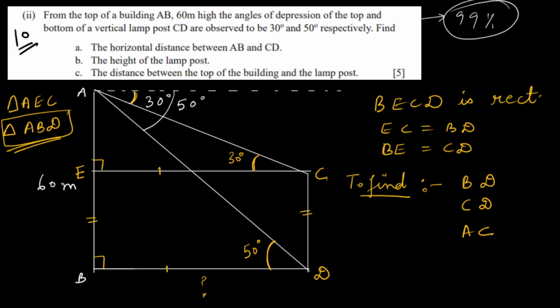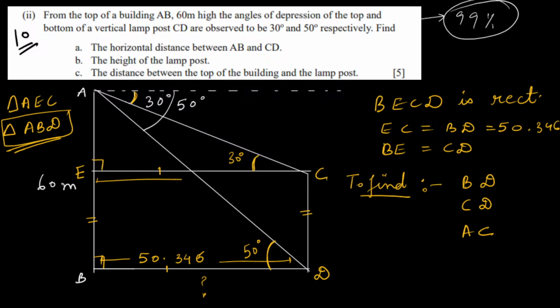So BD's value we got is 50.346. As of now, we can write it up to 3 decimal places. So we have written EC is equal to 50.346.